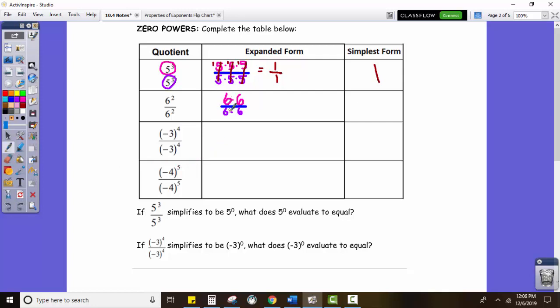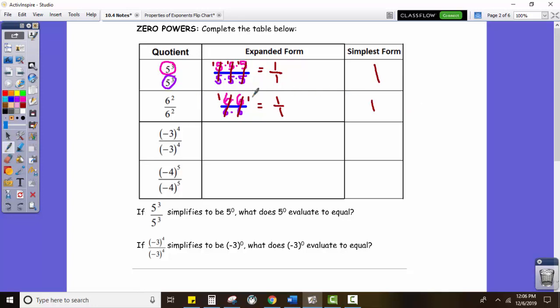But then I notice here, oh, if I have 6 divided by 6, that's really 1 whole. So I'm going to simplify that. And the second set, 6 divided by 6 again, is 1 whole. And when I do 1 times 1 divided by 1 times 1, I have 1 over 1. So in simplest form, that equals 1.